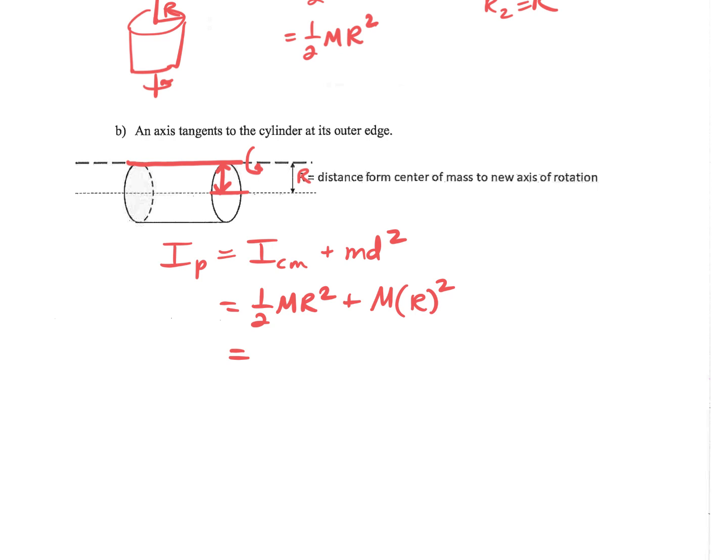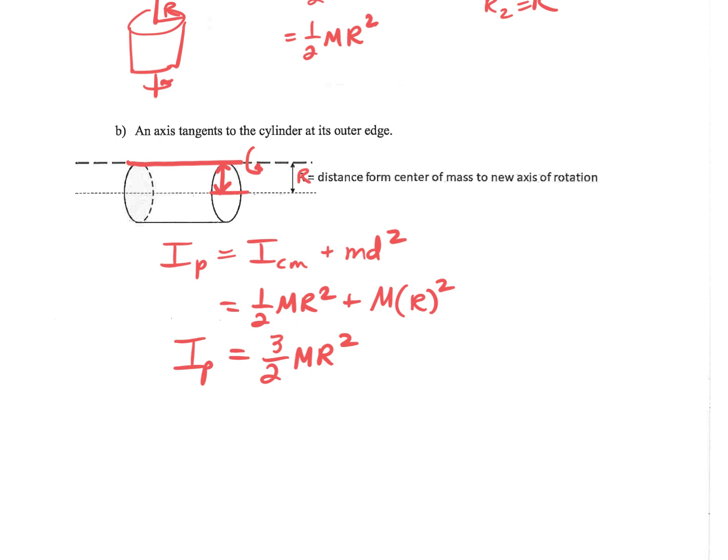So we've got 1/2 mr squared plus mr squared, which is going to be what? 3 halves mr squared.